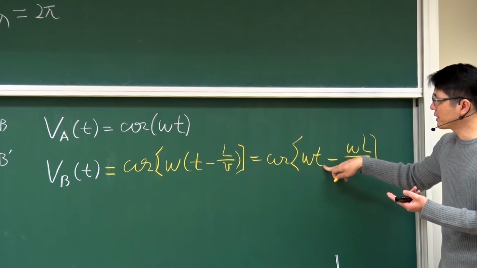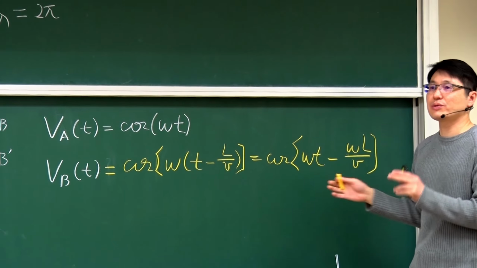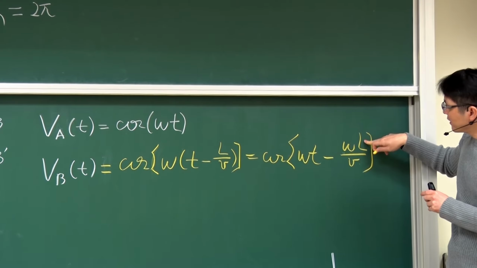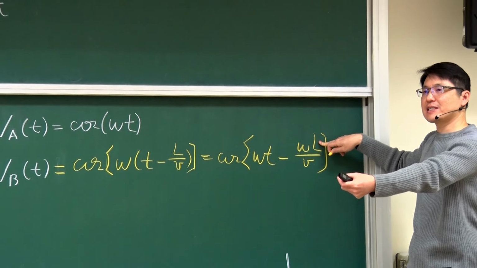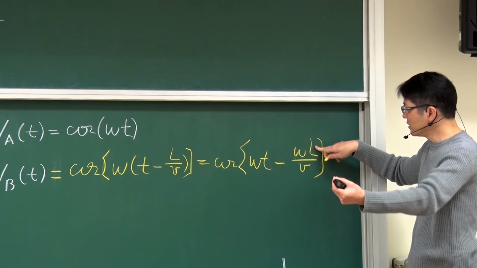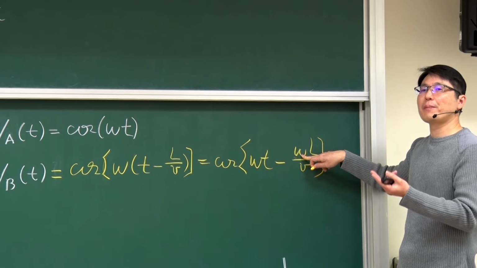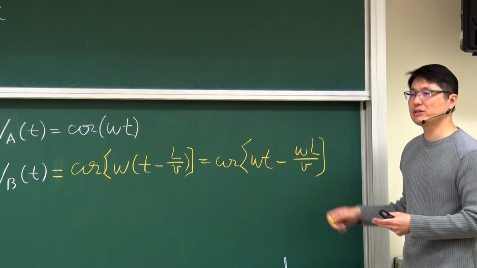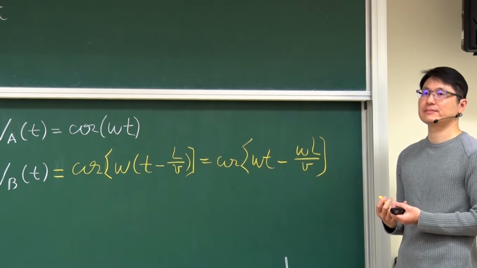You have cosine omega t, you have cosine omega t, so these two are identical. The only thing different is this one. L is a fixed length or distance, omega is a known operational frequency, and V is given to you. So this is actually a constant.